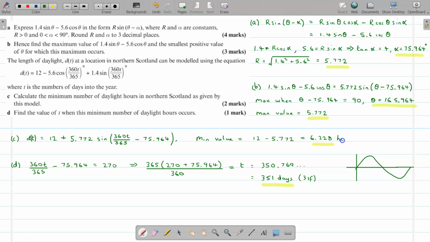I'll put that in there as well, I think. So that's a modelling question using one of the addition formulae, processing it using r sine theta minus alpha, and then substituting these variables into the model as appropriate to get these numbers. Okay, that's the question done.